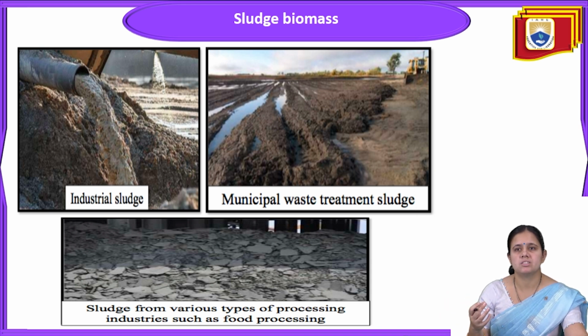For municipal waste treatment sludge, you can see that this is the sludge. That sludge is obtained after the municipal wastewater treatment. This is the industrial sludge, and sludge from various types of processing industries like food processing.